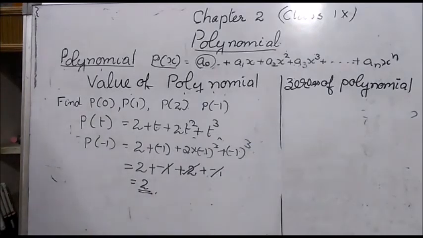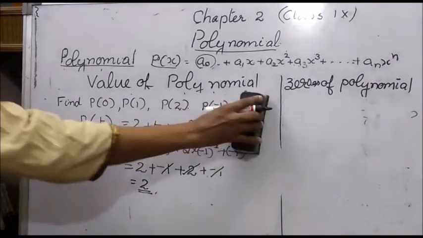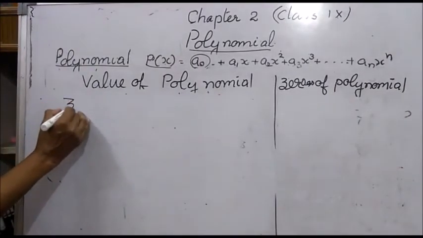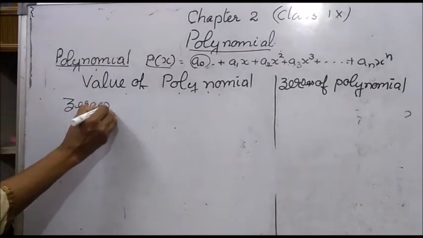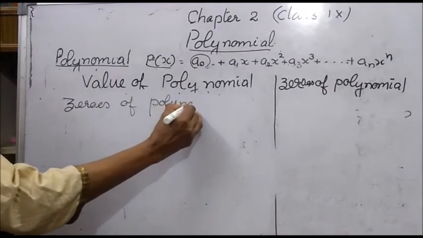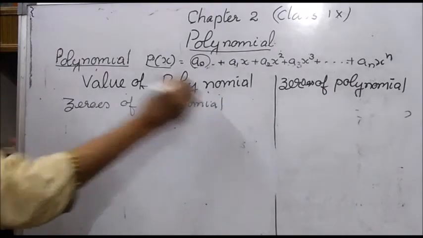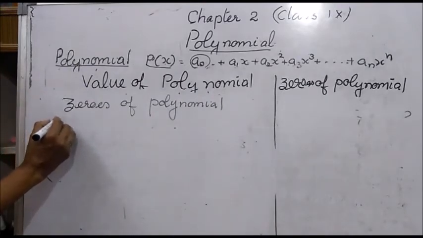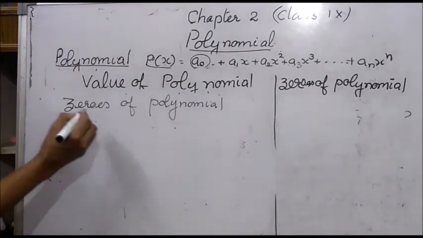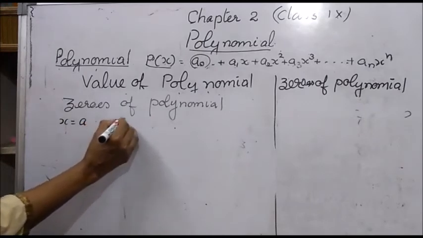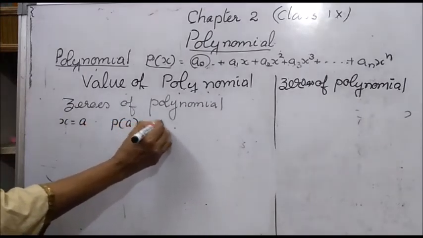Now zeros of the polynomial. What is meant by zeros of the polynomial? Now, a number x equal to a is a zero of the polynomial if and only if p of a equal to 0.